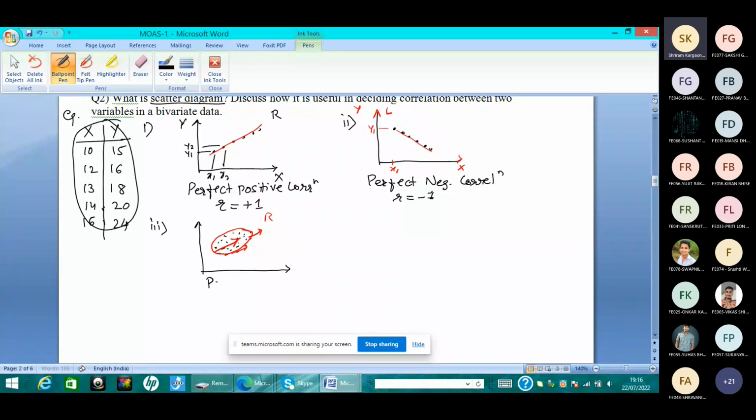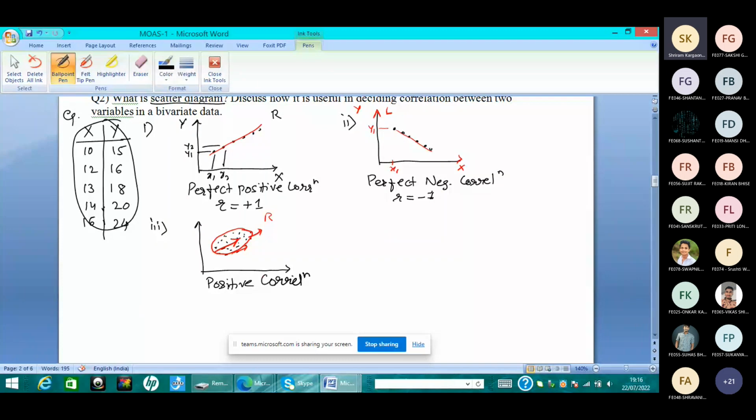Why not perfect? Because not all points are in a straight line, but though the general direction is towards the positive side, it is a positive correlation.